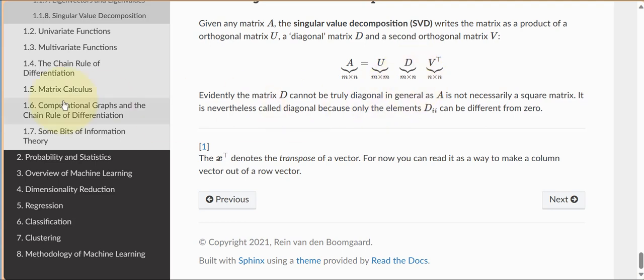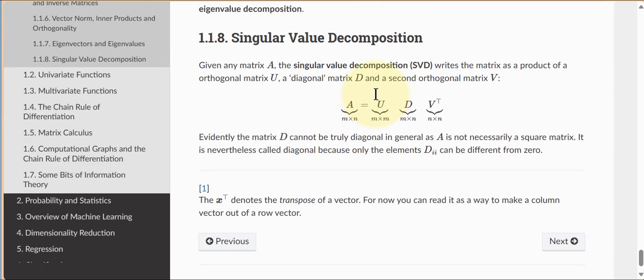So it just means that the elements d_ii, down the diagonal, although it doesn't necessarily reach the bottom part, those items along the diagonal are the only non-zero elements in the matrix D. Okay, this is a little bit different than before.